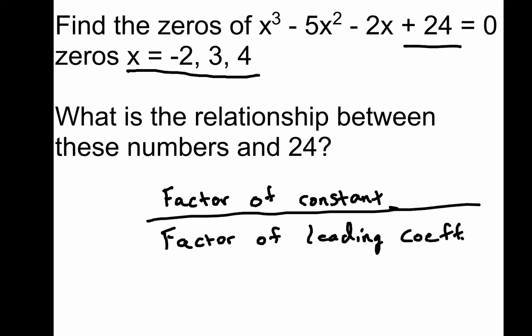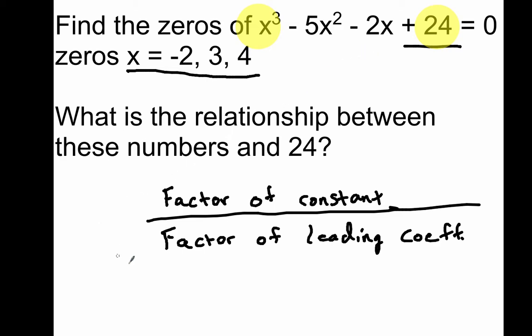Alright, so the constant term in this case, like I said, is 24, and the leading coefficient in this case is 1. So if it's going to be a zero to this polynomial equation, I have to be able to write that zero as a factor of this constant term divided by a factor of the leading coefficient.